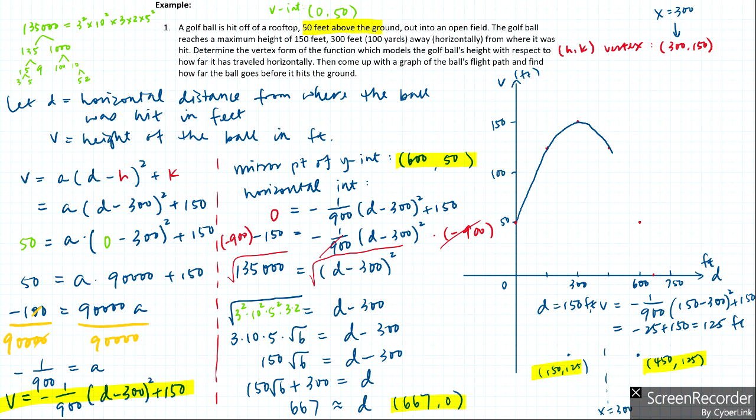And because we have the result regarding the horizontal distance and vertical distance, this should be exactly the path of the ball throughout this process.